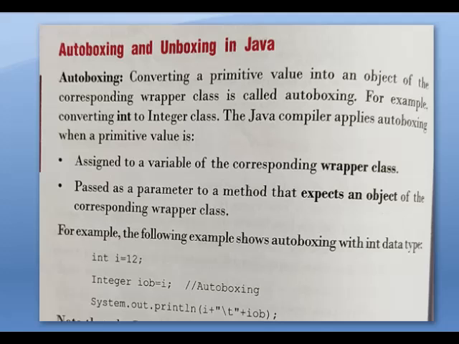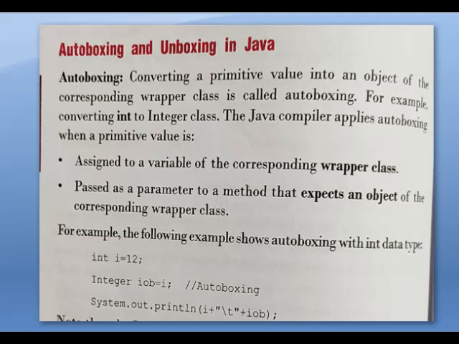The Java compiler applies autoboxing when a primitive value is first assigned to a variable of the corresponding wrapper class, and second, passed as a parameter to a method that expects an object of the corresponding wrapper class.